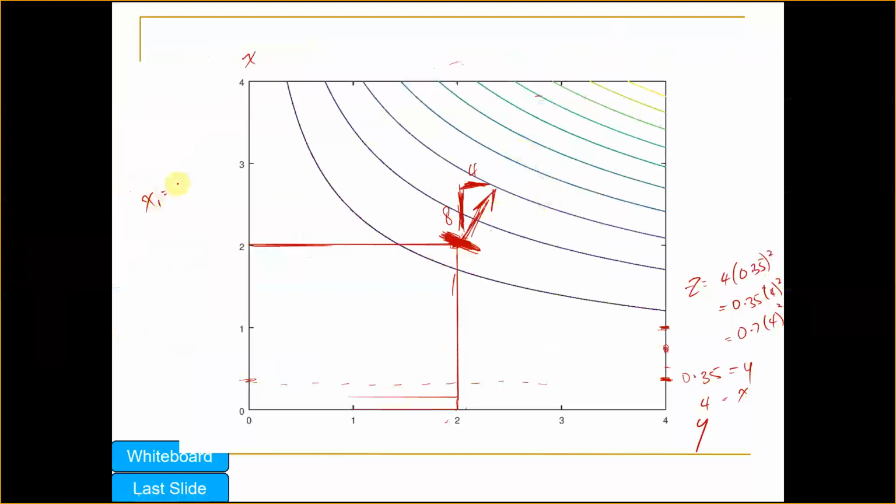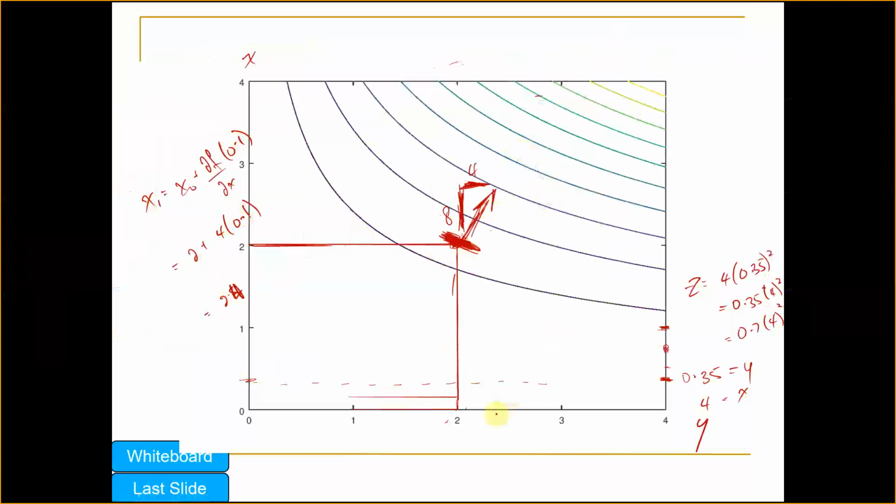Let's just say h is 0.1. And what would the new location be? It would be 2 plus 4 times 0.1, 2.4, and the other one would have been 2.8.